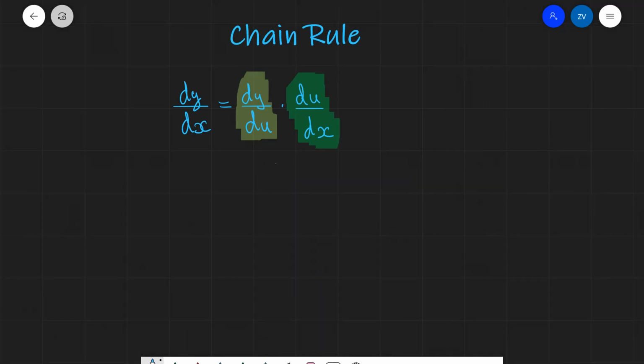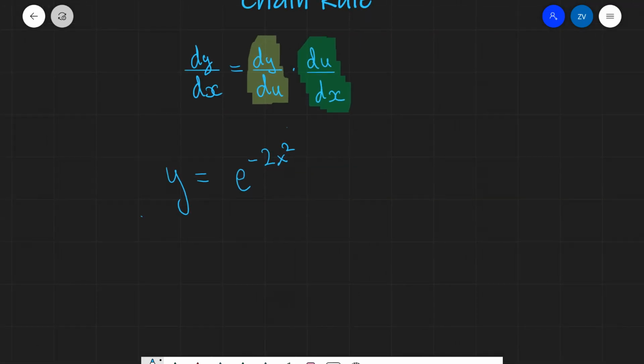Now let's do one more example. So imagine that we have the function, let's say that we have y is equal to the exponential of, let's say, minus 2x squared. If we wanted to find dy by dx, first off we must use the chain rule because this is a function of a function.